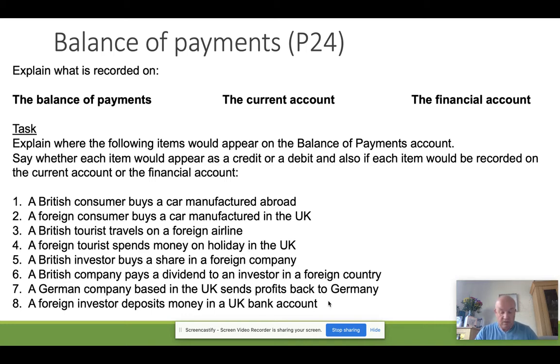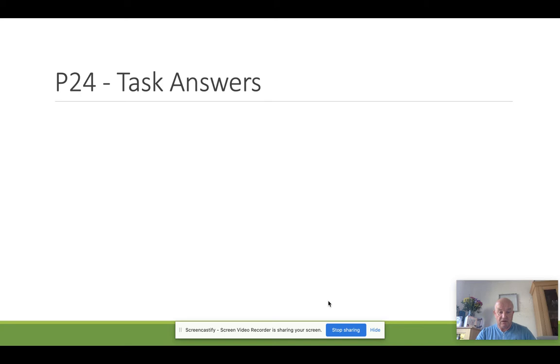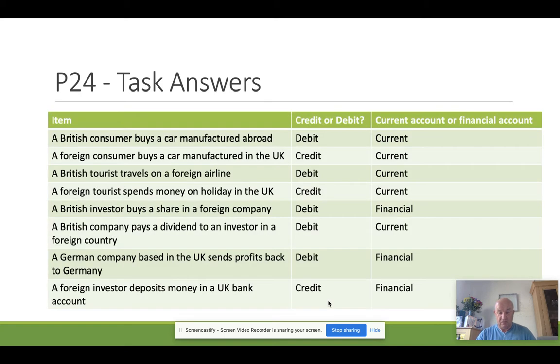Okay, so in terms of the answers, let's take a look at the tasks that were set. If we take the first one, a British consumer buying a car manufactured abroad. Well, clearly, if it's been manufactured abroad, we are importing it.